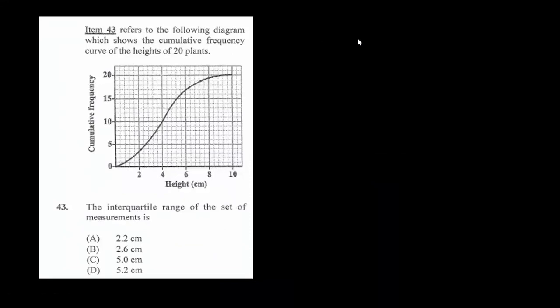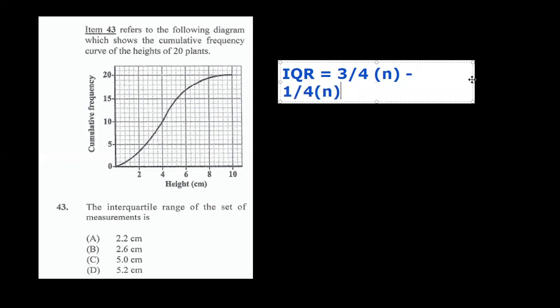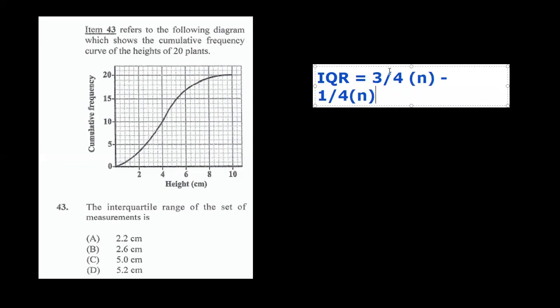IQR is 3/4 times n minus 1/4 times n, right? IQR is called the interquartile range. N in this case is the total number of plants, and it's going to be 20.